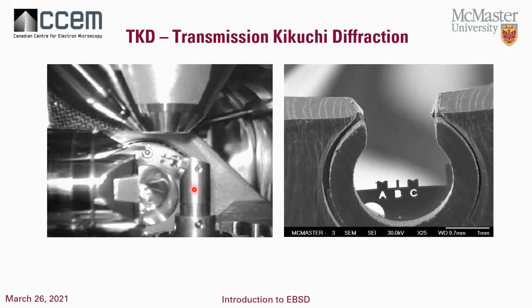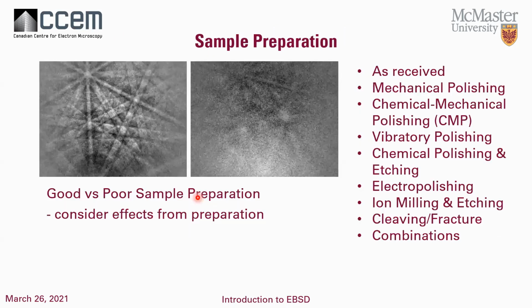So you may have things in the 20 to 100 nanometer thickness range. So we can get a fairly good idea of very fine structures in the material. It's referred to as transmission Kikuchi diffraction, or TKD for short. I'll show an example of that in a few minutes.